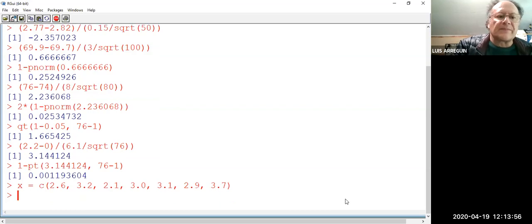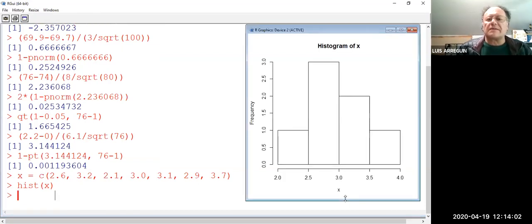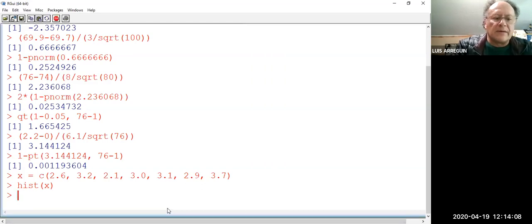Then you can create a histogram and see whether there is normality. It looks like the sample shows some normality. You can also compute the QQ norm and QQ line of x.